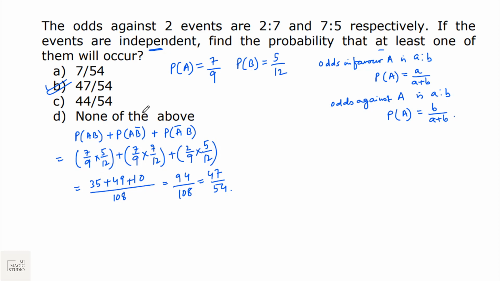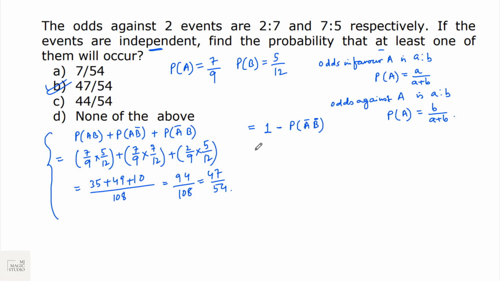Now the thing is, yes, you are getting it exactly. This can also be solved as total probability minus both will not occur. As simple as that. Probability that at least one of them will occur is simply total probability, and total probability is always 1.